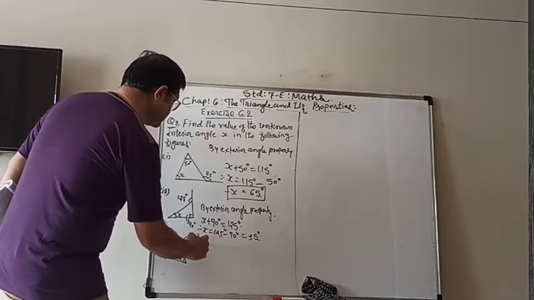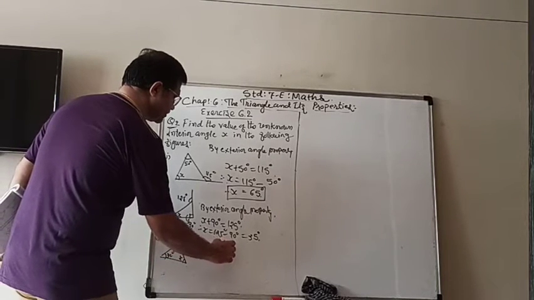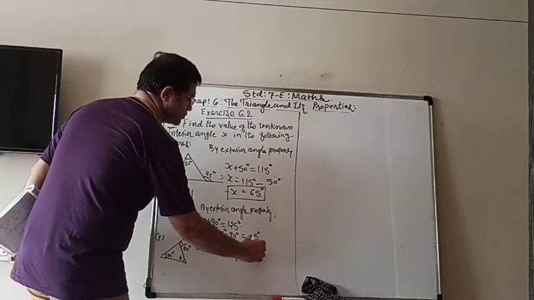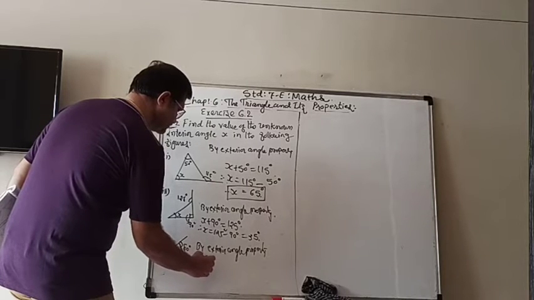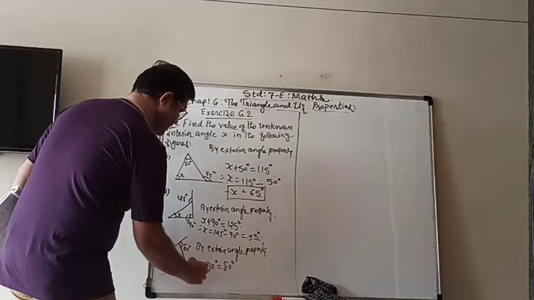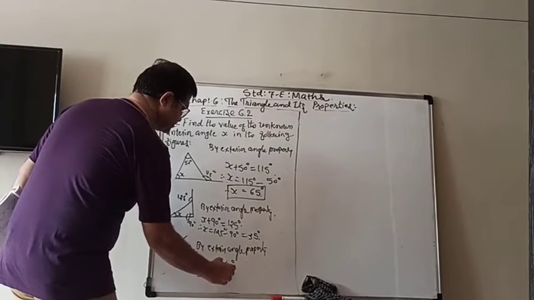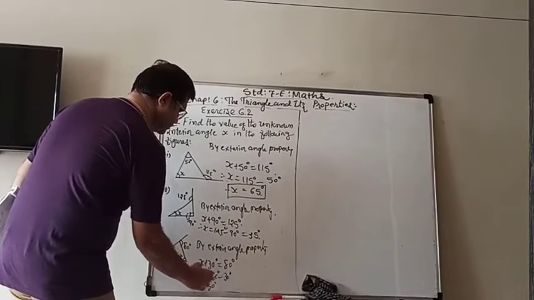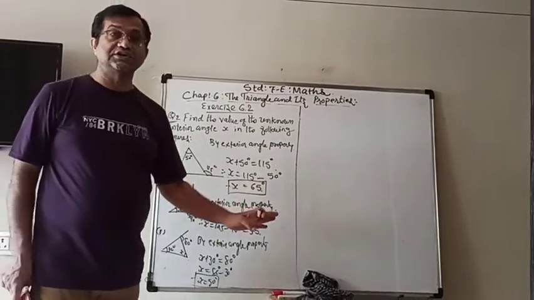So the same we have to do by exterior angle property. X plus 30 degree is equal to 80 degree. So x is equal to 80 degree minus 30 degree. So 80 minus 30 is 50. So x is equal to 50 degree.